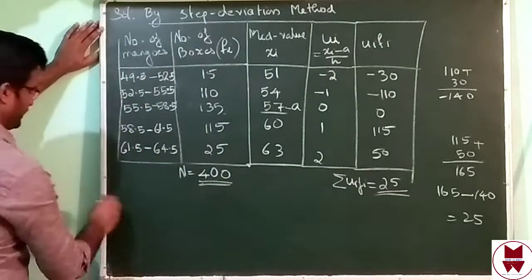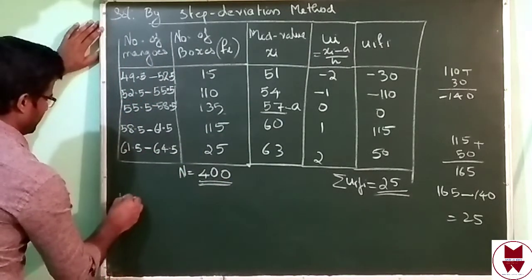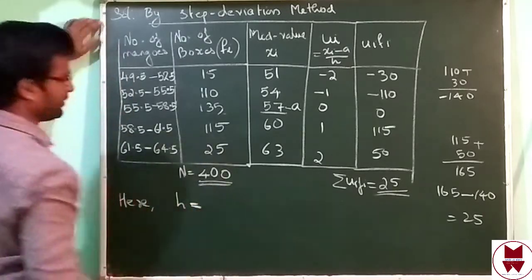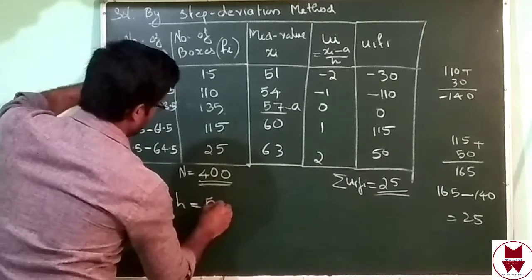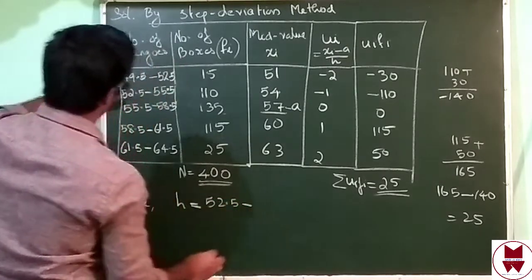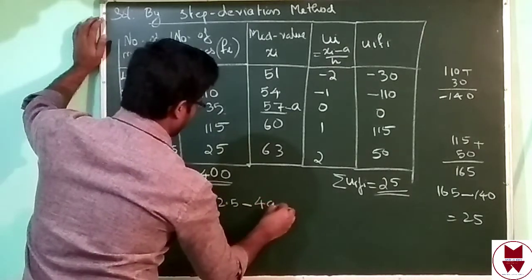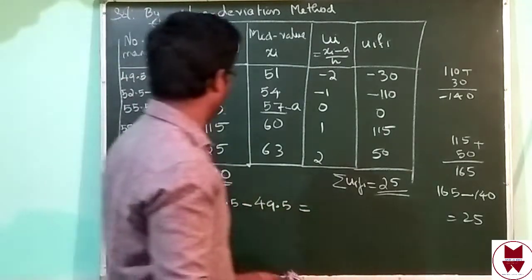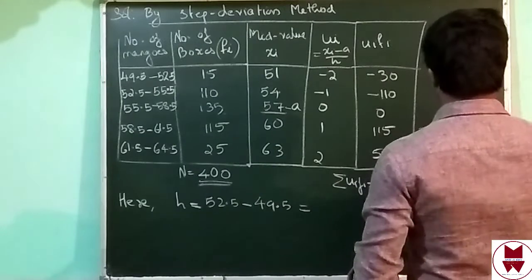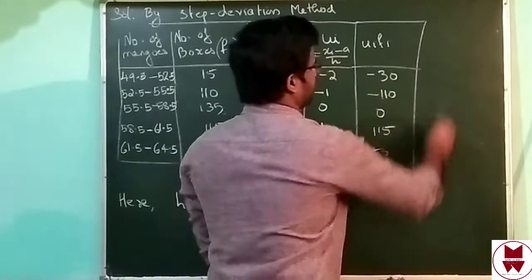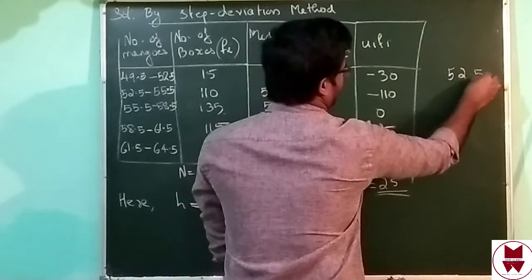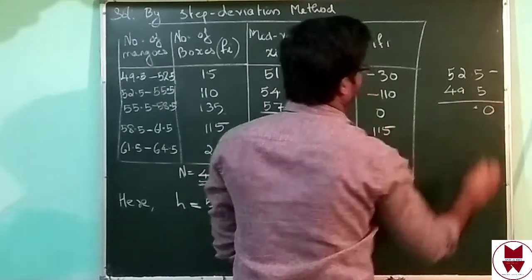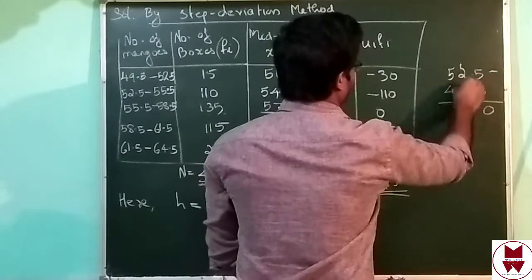Then we can write what we have here. Given here, h equal to class width, 52.5 minus 49.5. What will we get? Subtract 52.5 minus 49.5: 0 for the decimal, and 12 minus 9, 3.